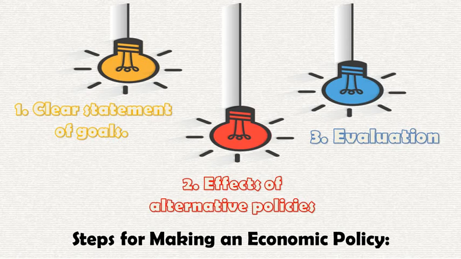Steps for making economic policy. Number 1, syempre, the statement of our goal must be clear. This should definitely be economic goals to be achieved. Number 2, effects of alternative policy. So dito, this second step is to examine and consider the possible effects of alternative policies designed to achieve the economic goal.